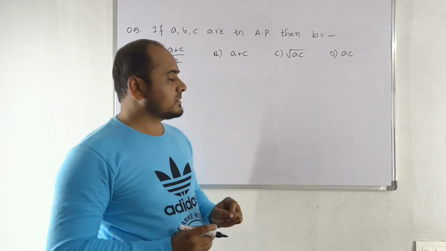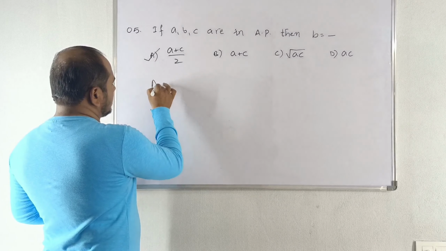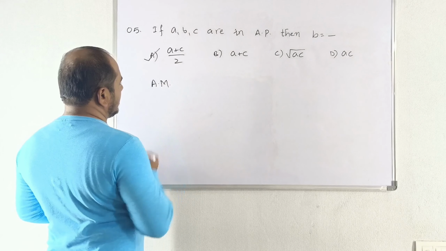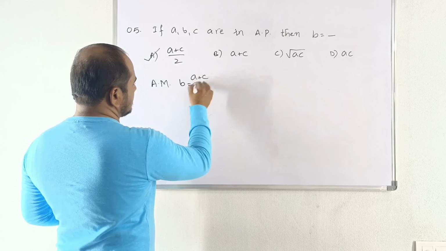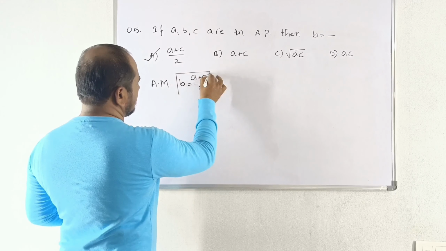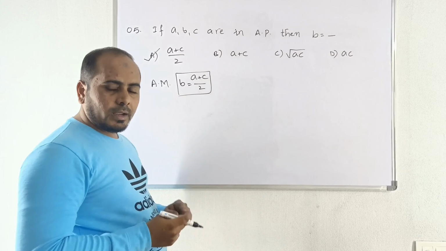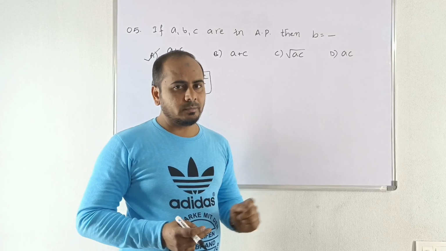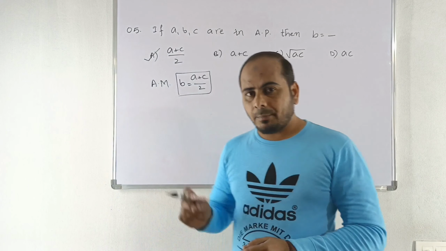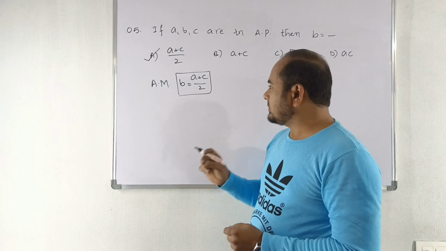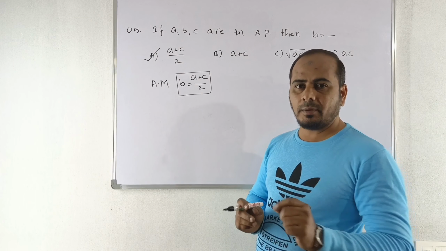Why? Because this is the formula called arithmetic mean. If A, B, C are in arithmetic progression, then B is equal to A plus C divided by 2. This is the formula you remember.